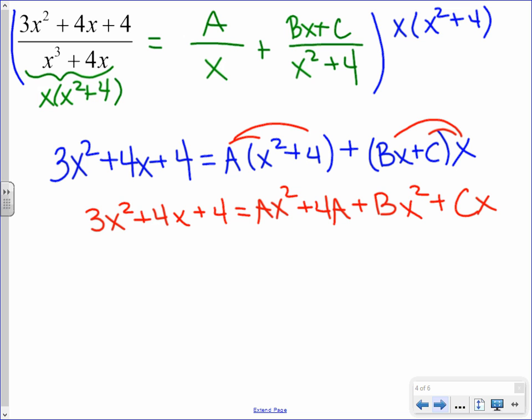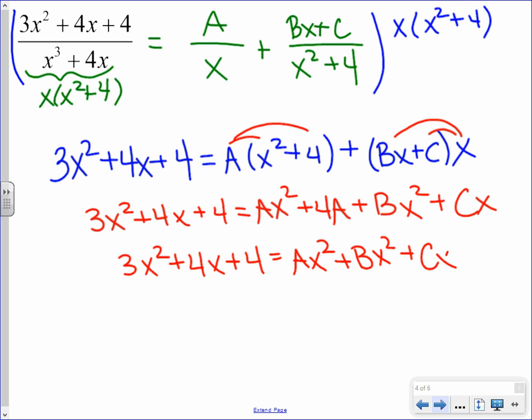And then what I'm going to do on the right side is I'm just going to rearrange so that ax squared plus bx squared are kind of together since they both have an x squared. And then I'm going to write plus cx, and then I'm going to write plus 4a. Okay. Right now we have two equations that are equal. We have a quadratic equals a quadratic.